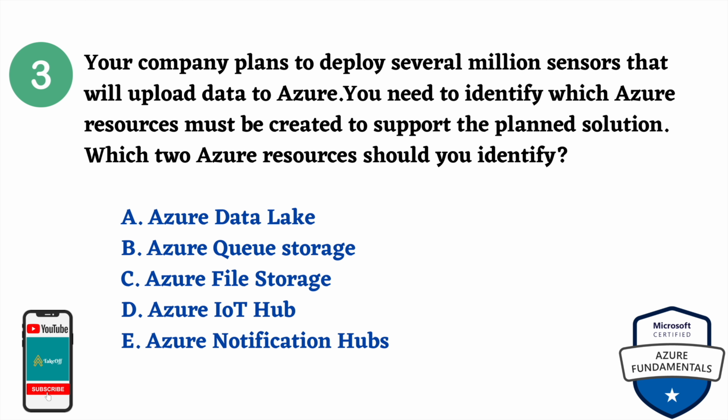Here we are talking about collecting information from several million sensors, so the first answer would be Azure IoT Hub. For uploading the data to Azure, we can use either Blob storage or Data Lake, and here we have Azure Data Lake. So the answers are Data Lake and IoT Hub.